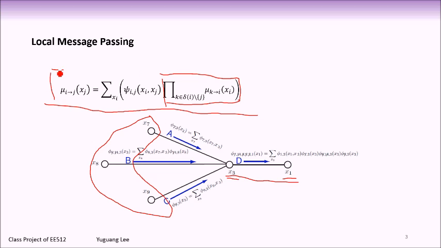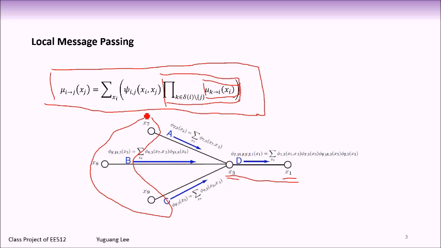We use this equation to eventually figure out the message. If you take a look at this, it's actually the product of different edge potentials and node potentials. These messages are also composed of those, recursively.